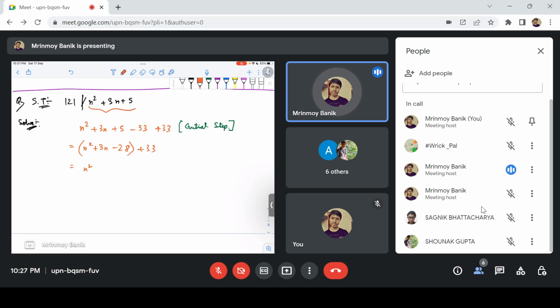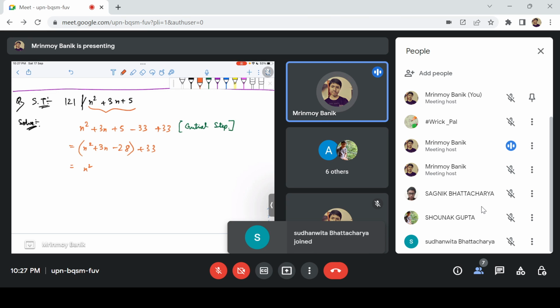So next, middle term factorization. So you have to find two numbers, of course 4 and 7, so they subtract and give 3.